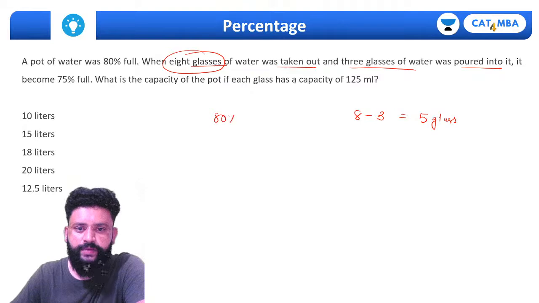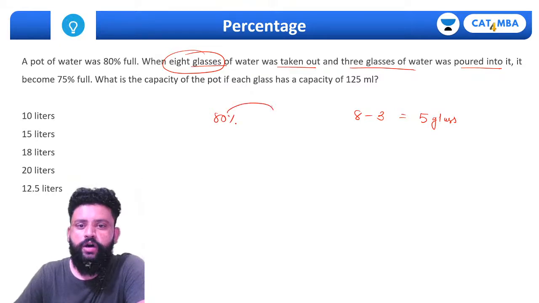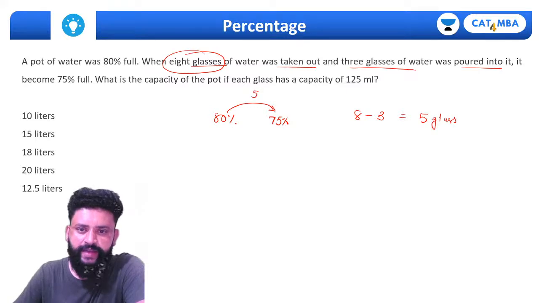Initially it was 80%, now it is 75%. So it has decreased by 5%. Is it right?